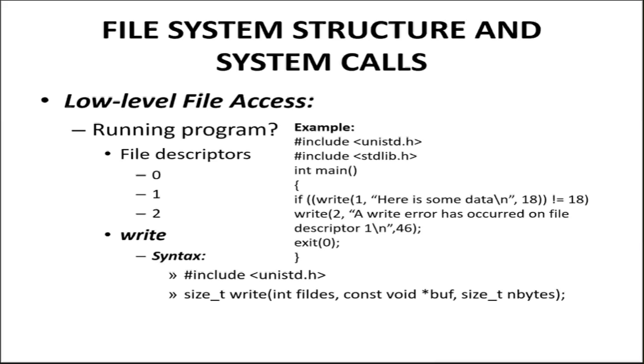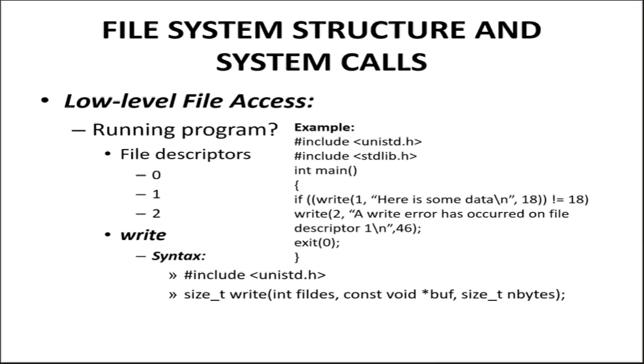When the condition is satisfied, it executes the write system call with file descriptor 2, the standard error output, and writes the data in double quotes, "A write error has occurred on file descriptor 1", into the standard error output. The n bytes value here is 46, the number of bytes it wants to write into the file.